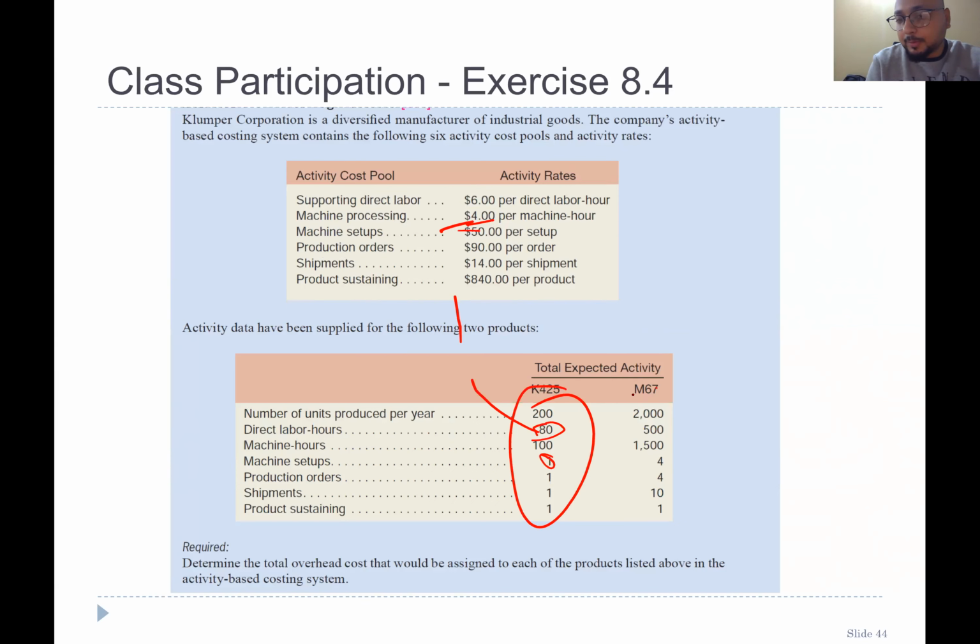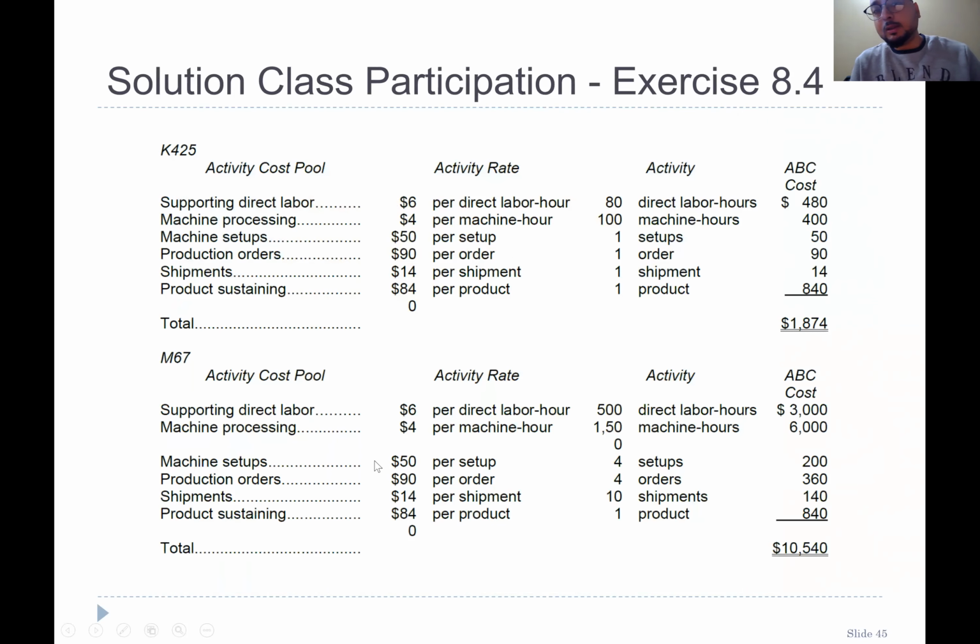In the case of M67, the setups are 4, production orders are 4, so you multiply the orders 4 with the M67, and K425 is 1. Hence you get the overhead cost of K425 and M67, like that, right?